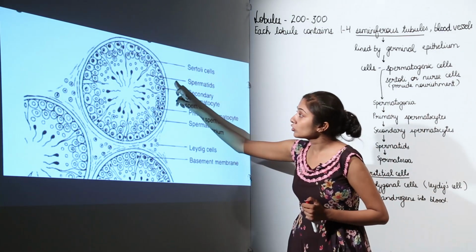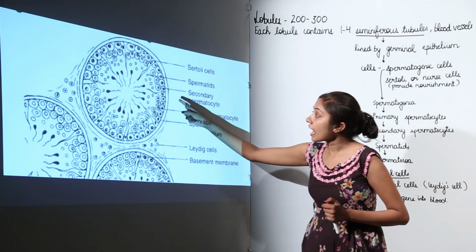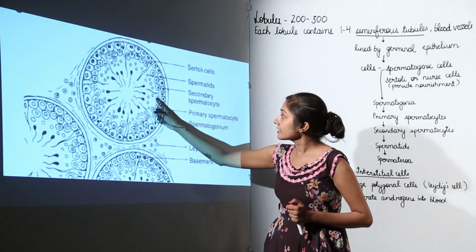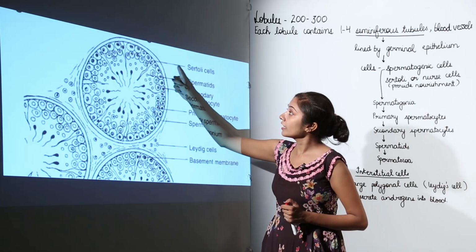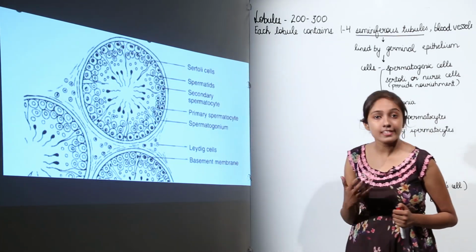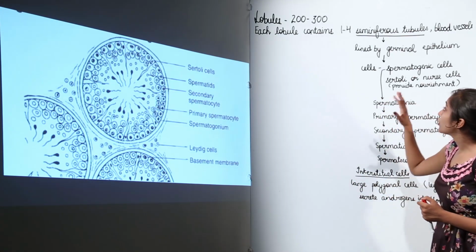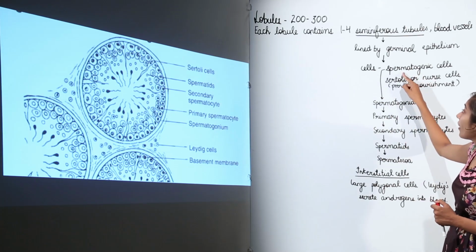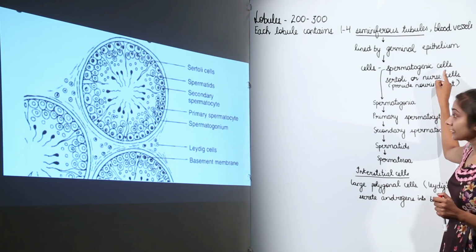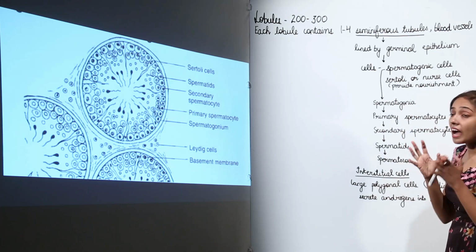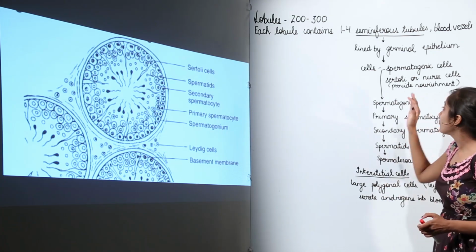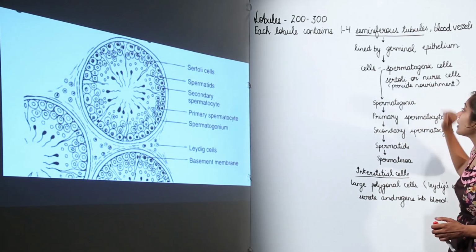These are the spermatogenic cells, and the large ones, you see this, these are the Sertoli cells or nurse cells. So the majority of the cells are the cuboidal spermatogenic cells, and some large cells are also present that we call Sertoli cells or nurse cells.